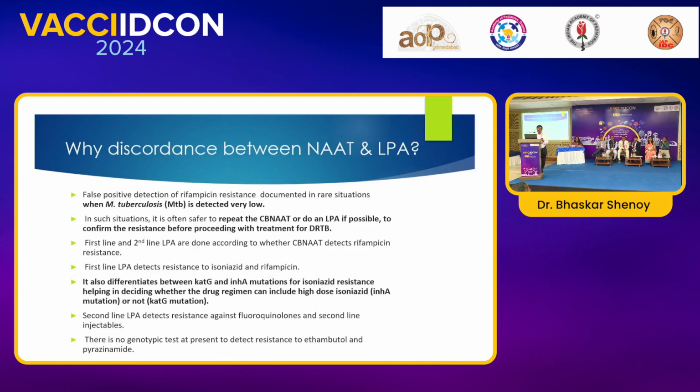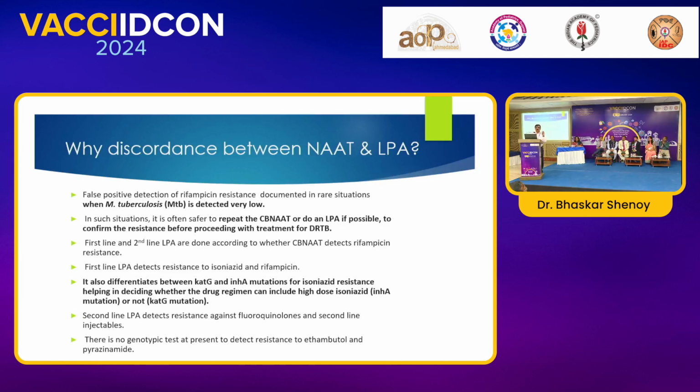If there are no signs, there is no exposure to MDR TB, the child is responding well, and you are not suspecting that this child has rifampicin resistance, then you should always ask for LPA and MGIT, which is a liquid media. And whatever the final report from LPA and MGIT is, you should consider that, rather than just relying on CBNAT. Yeah, absolutely.